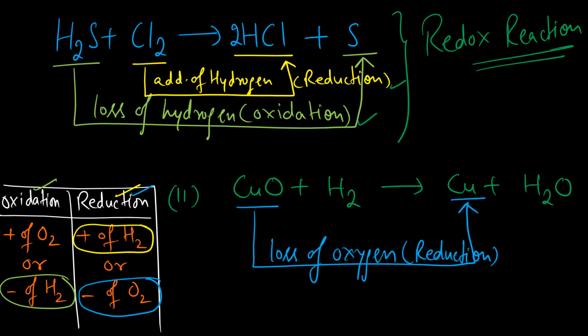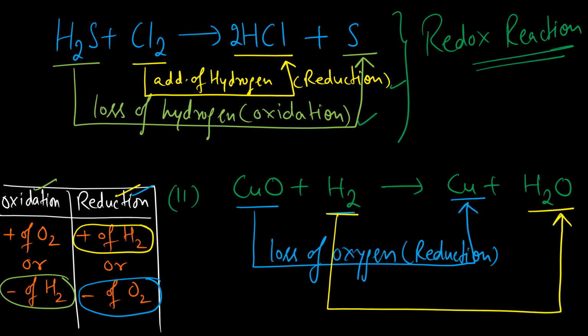Now what else do we have? We have hydrogen, which changed itself into water. So what can we observe here? In this case we can see hydrogen corresponds to addition of oxygen. So where can we see addition of oxygen? Here we have it. Addition of oxygen always corresponds to oxidation.